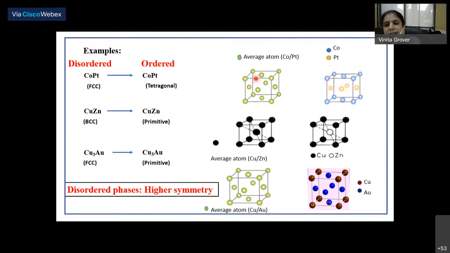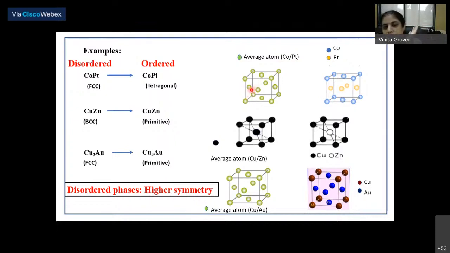What is happening here is they are so randomized that X-ray is not able to distinguish which one is cobalt and which one is platinum. X-ray is lost in that. So what it shows is that this particular site has the characteristic of an atom which is the average of cobalt and platinum. This is what X-ray will tell you.